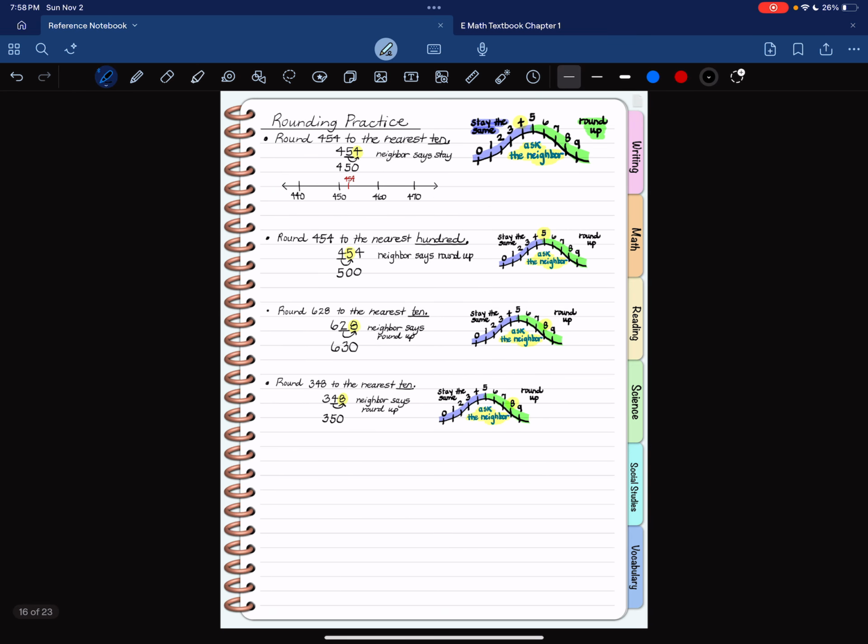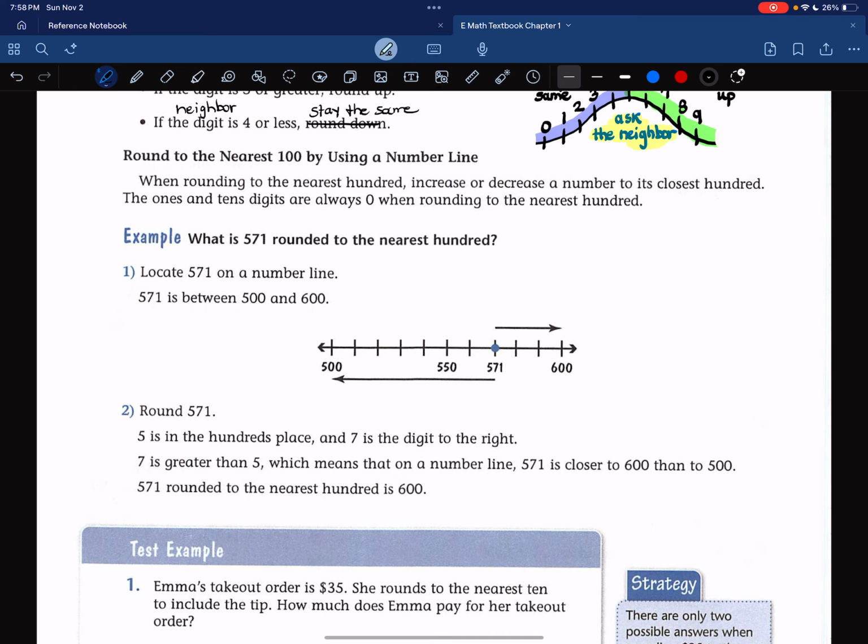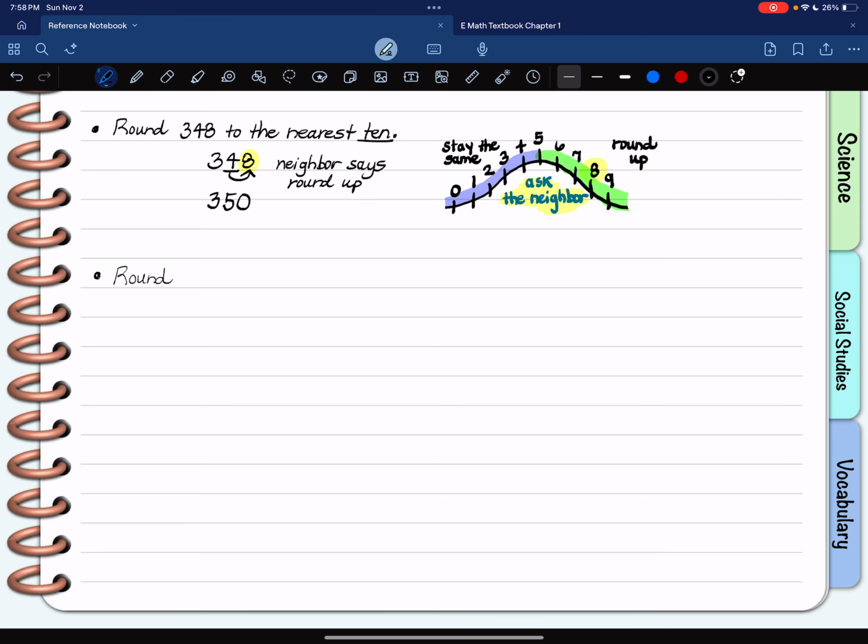We want to round 571 to the nearest hundred. I'm going to show you our method first, and then we'll look at this same one on a number line.